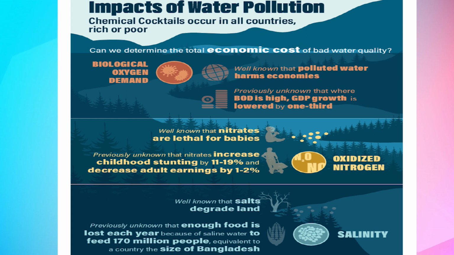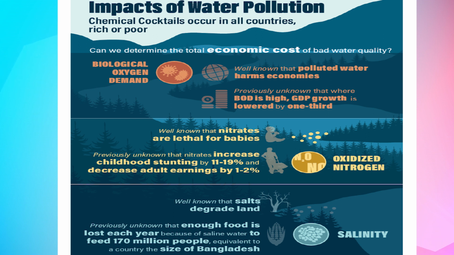Second, it is well known that nitrates are lethal for babies, and previously it was unknown that nitrates increase childhood stunting by 11 to 19% and decrease adult earnings by 1 to 2%. So, this is another very important aspect which affects GDP growth.